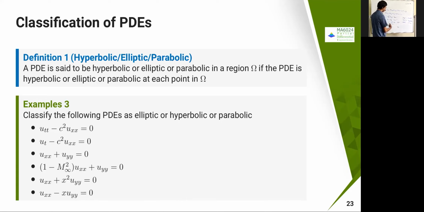Again moving M infinity to the other side, if M infinity is greater than 1, I get hyperbolic. If M infinity is equal to 1, then I get a parabolic equation. So this is the way they classify them: this case they call subsonic, this case supersonic, and M infinity equal to 1 they call sonic.